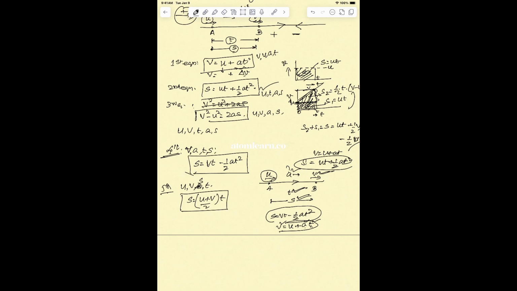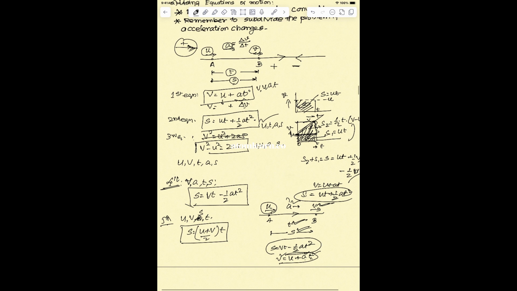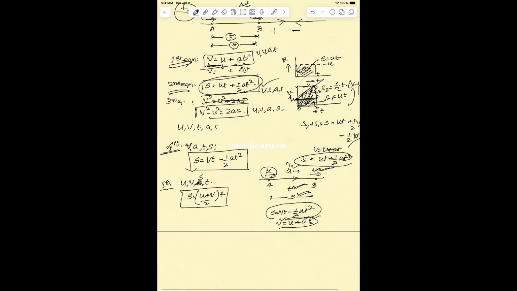How we got it is by means of combining the first and second equation, and then eliminating A from here. What is this? A is equal to (V minus U) by T. Then substituting it here in the second equation for A, you will get this particular equation.